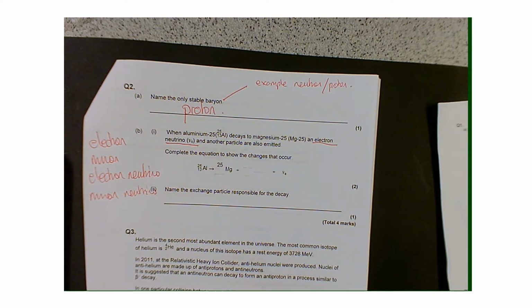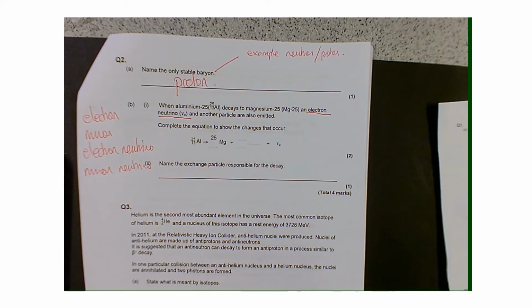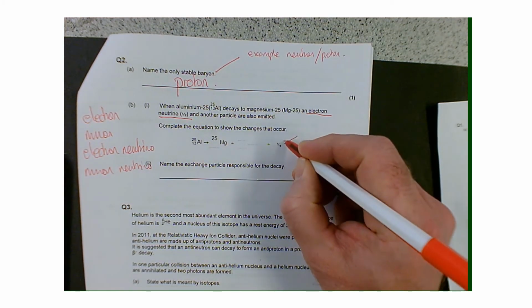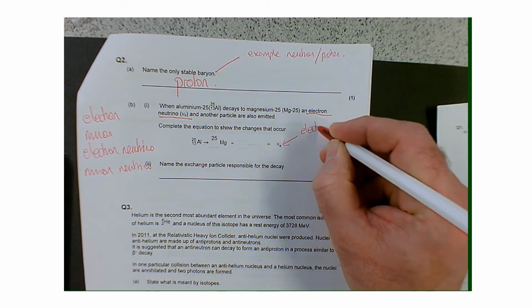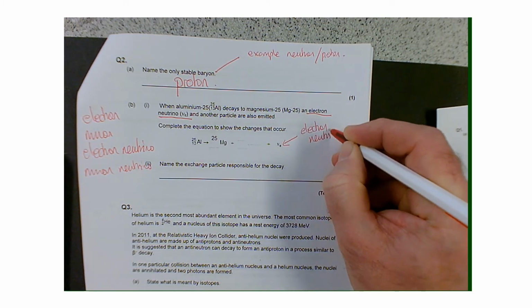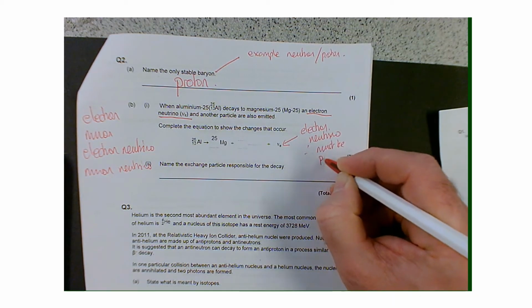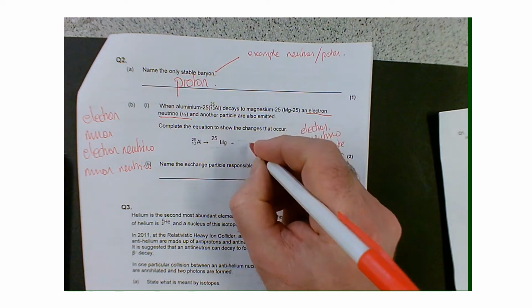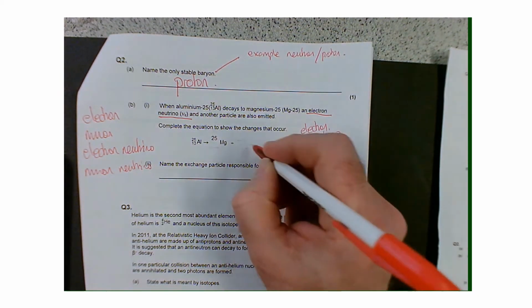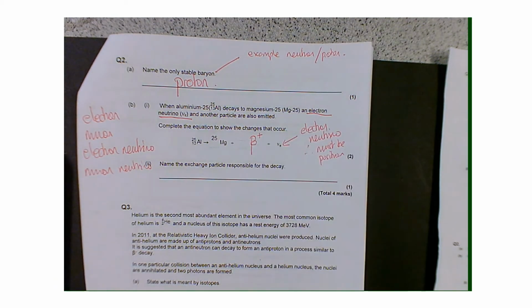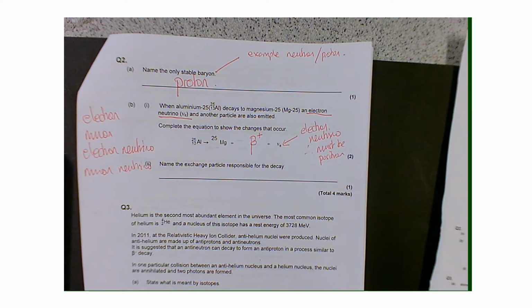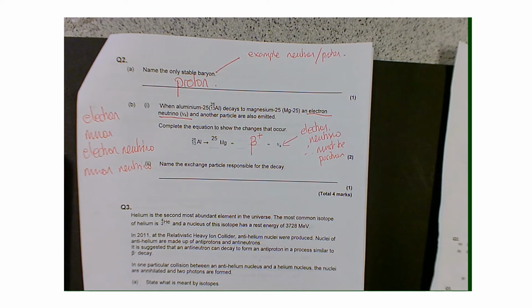Because remember, the lepton numbers have to balance. So because this is an electron neutrino means that the other particle must be a positron. Okay, so what are then going to be the numbers?